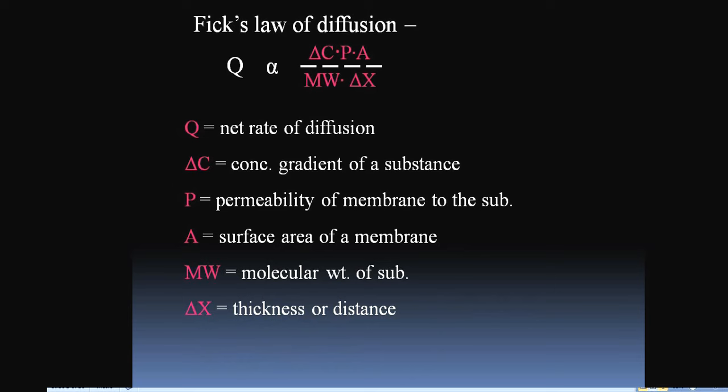This is the equation showing Fick's law. According to Fick's law of diffusion, the net rate of diffusion is directly proportional to the concentration gradient of a substance, the permeability of membrane to the substance, and the surface area of membrane, while it is inversely proportional to the molecular weight of the substance and the thickness or distance of the cell membrane.